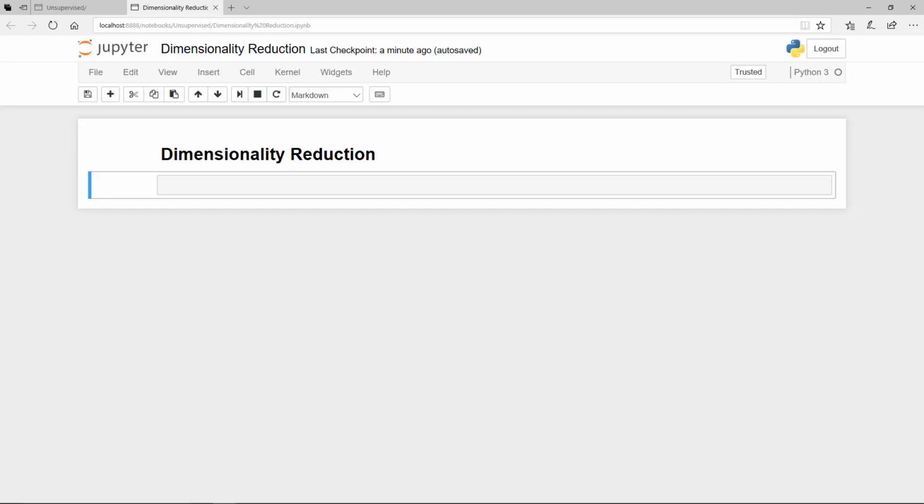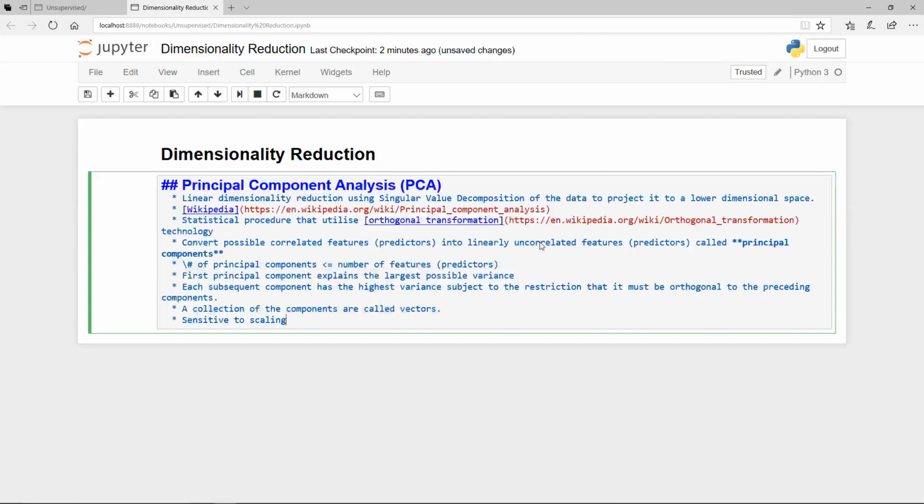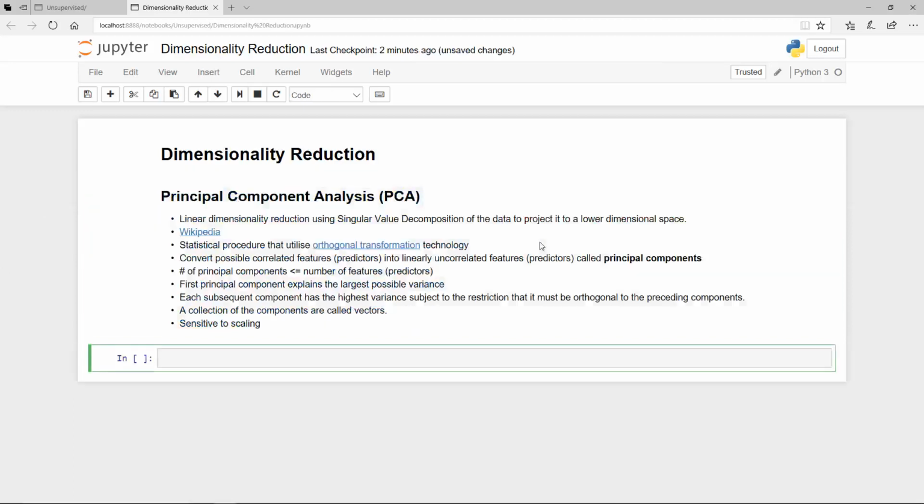It's trying to identify some of the key components. Also, the other word is called factor. Right, the first method that we're going to look at is called principal component analysis. Now, this is a concept that is borrowed from statistics and has been around for a long time. How does it work?